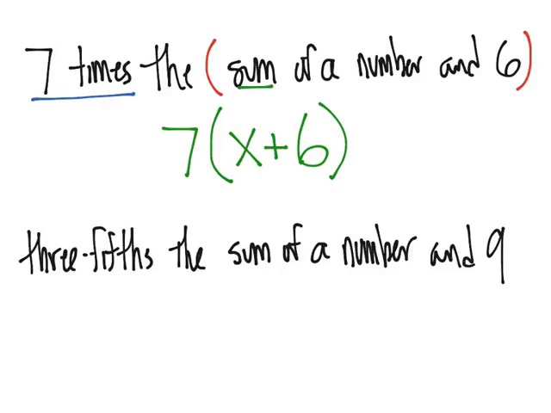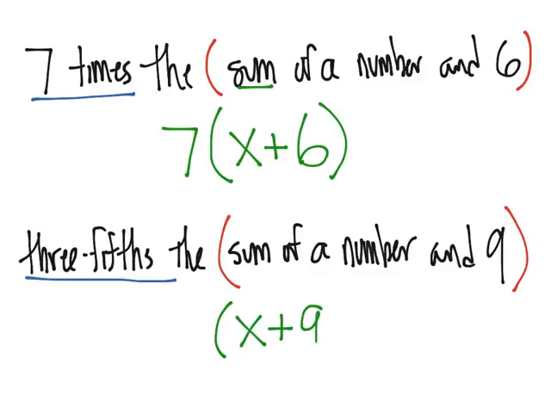Our bottom problem can also be divided into several sections. We have, again, the sum of a number and 9, and 3/5. In this case, our problem can come together like so: a variable x plus 9, multiplied by 3/5.